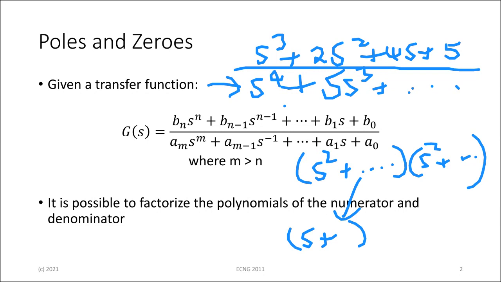What we try to do in engineering is not stick with the s to the fourth part. We'll break it up so s to the fourth could be an s squared cascaded with an s squared. S cubed will be an s and an s squared, for example. I don't know if that clarifies what you were asking.